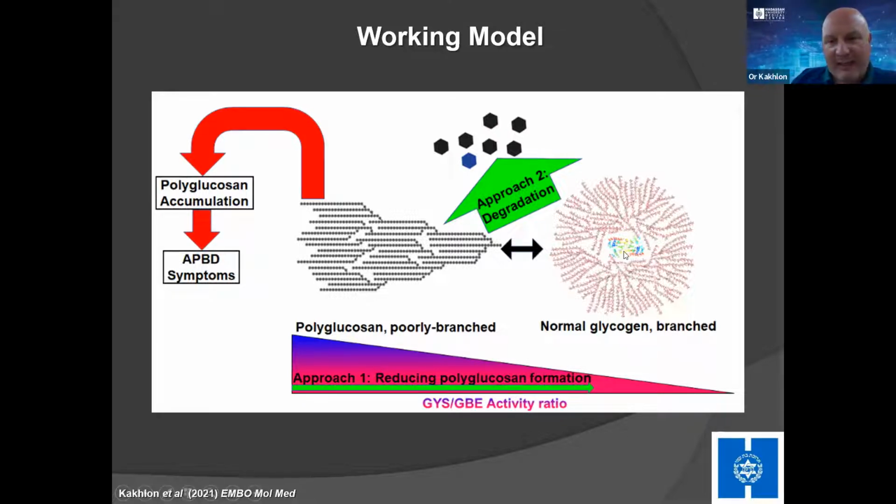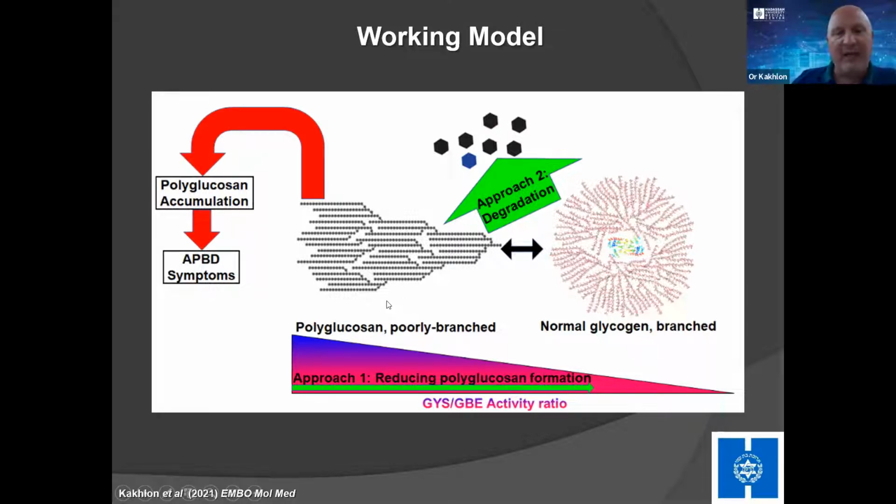However, when you have less frequent branching events, which is caused by the branching enzyme deficiency, you get a more elongated structure like that, which looks more like starch than glycogen. And this is considered the pathogenic factor. It accumulates in cells, but especially in neurons, in long and narrow axons, it can precipitate and clog them. And this causes the APBD symptoms.